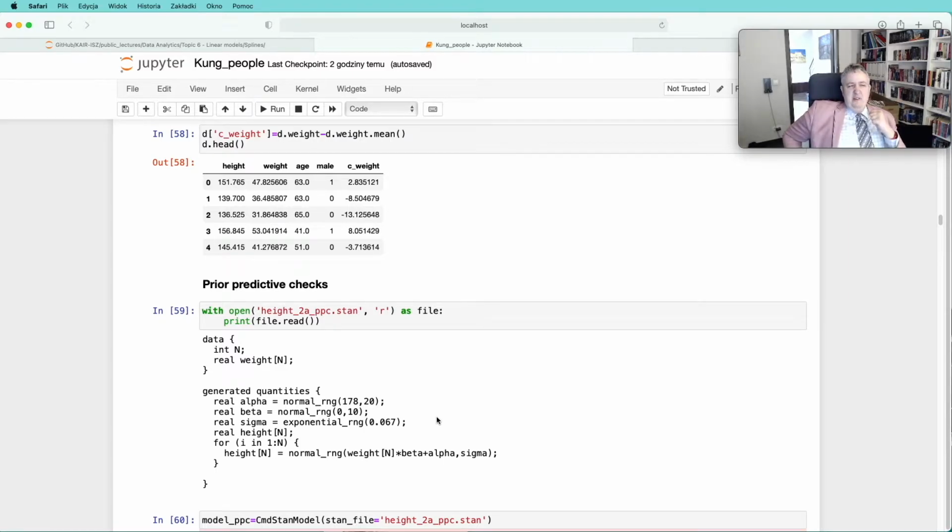So we want to again do prior predictive checks. Why are prior predictive checks something that we should always or almost always do? I'm skipping them sometimes, but rarely, because this is the easiest way to check if our initial assumptions make any kind of sense. Because if our prior predictions do not allow the data to happen, our prior predictions are wrong.